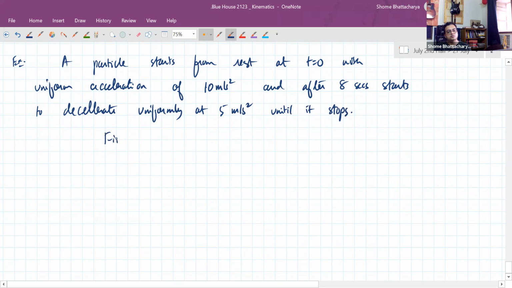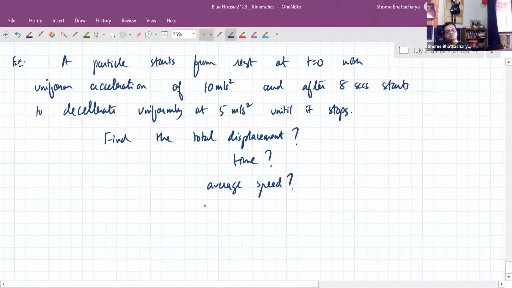So find the total displacement, the total time, the average speed, and also the maximum speed during the motion.